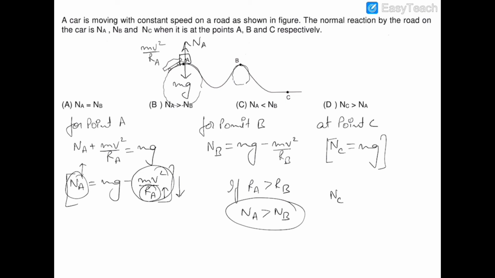Therefore the biggest is NC, and then NA, and then NB. So the correct options will be option number B as well as option number D.